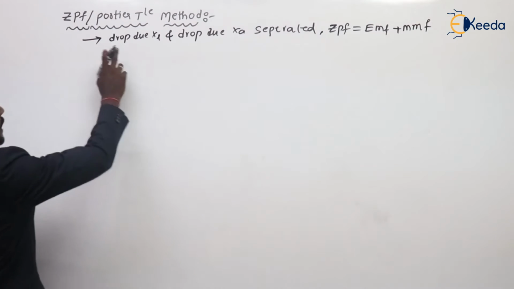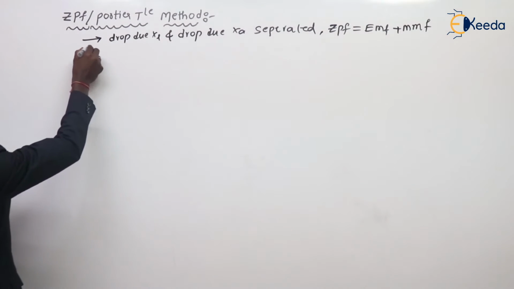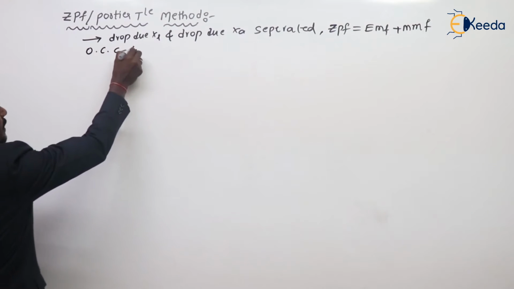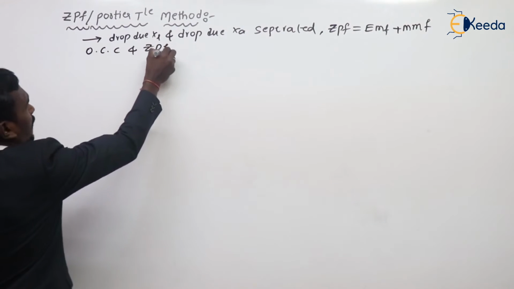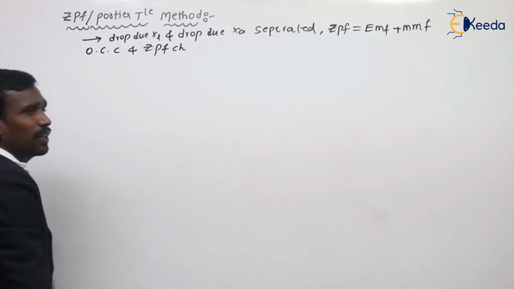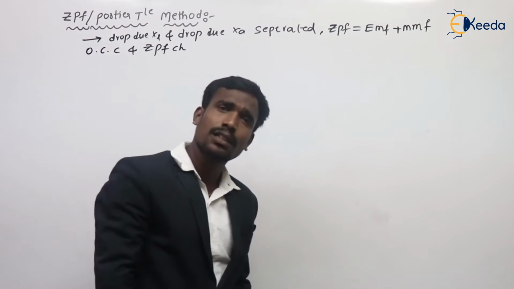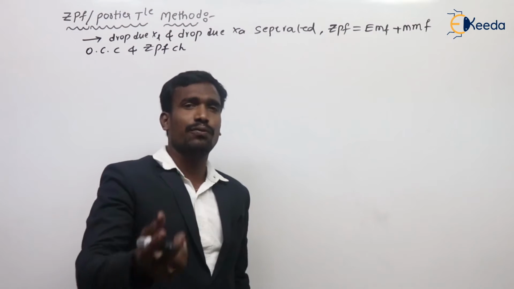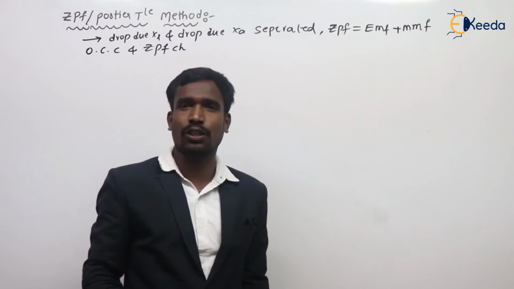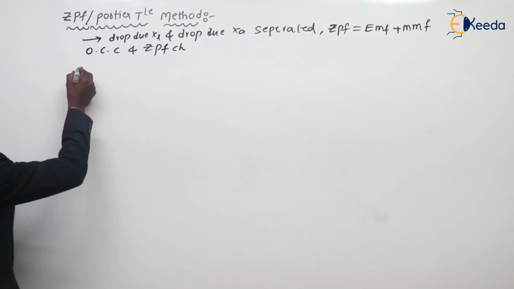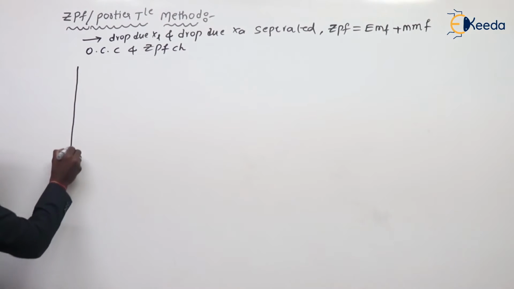In the ZPF method, we require OCC characteristics and ZPF characteristics. Then we can find the voltage regulation by the ZPF method. Let's see how we can find the voltage regulation in this method.